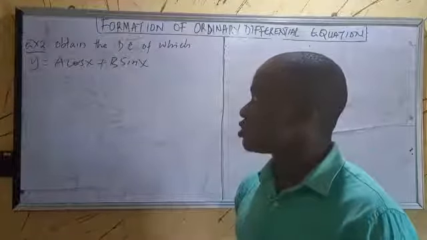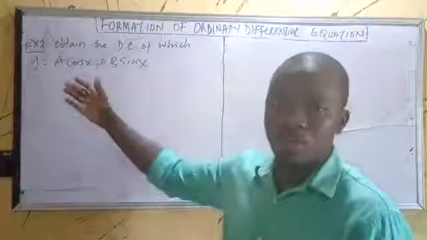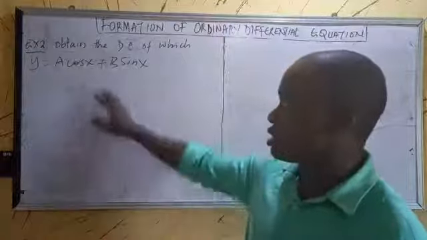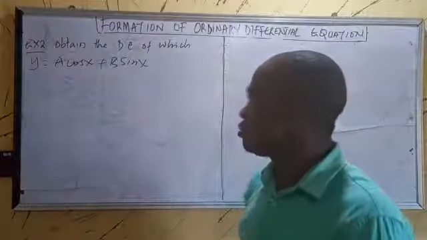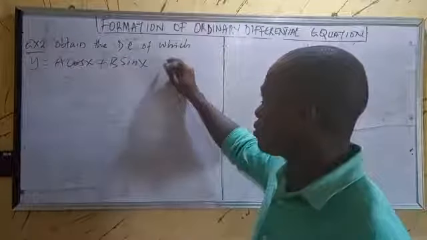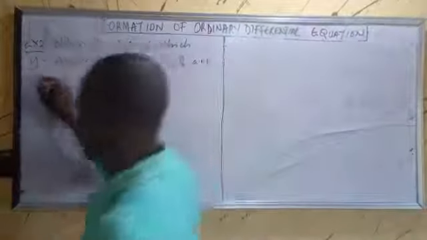But today, we'll be looking at one with two arbitrary constants. If you look at this equation up here, we can see that we have a and b, where a and b are arbitrary constants.